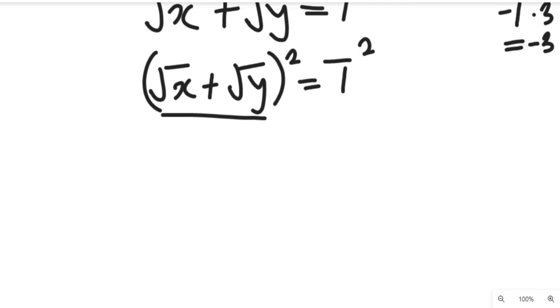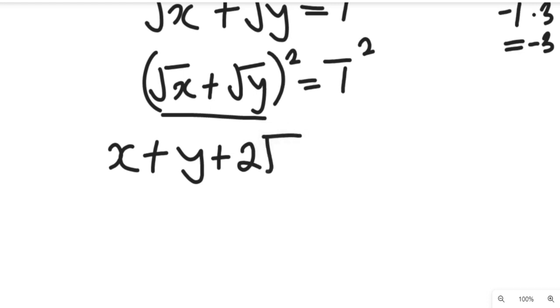The first term square is going to give us x, because square root of x times square root of x will give us x, plus the second term square is going to give us y, and then finally we're going to have plus 2 times the first term multiplied by the second term. So that will give us square root of x multiplied by square root of y. That will give us square root of xy, and this will be equal to t square.